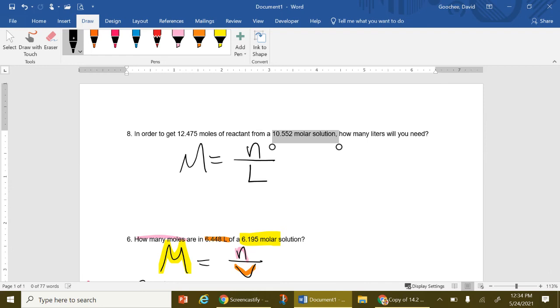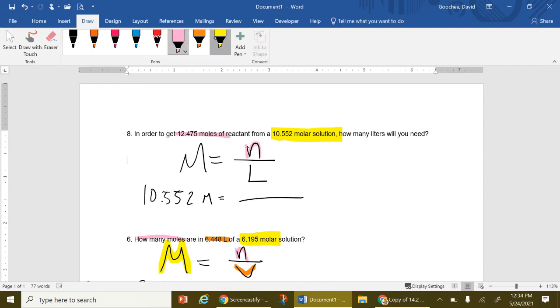The molarity is 10.552. The number of moles is 12.475. And we are trying to find what is the volume in liters.